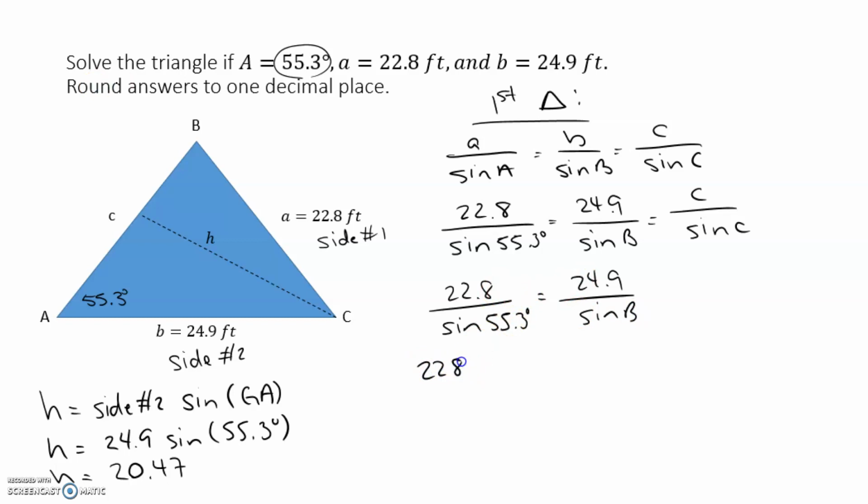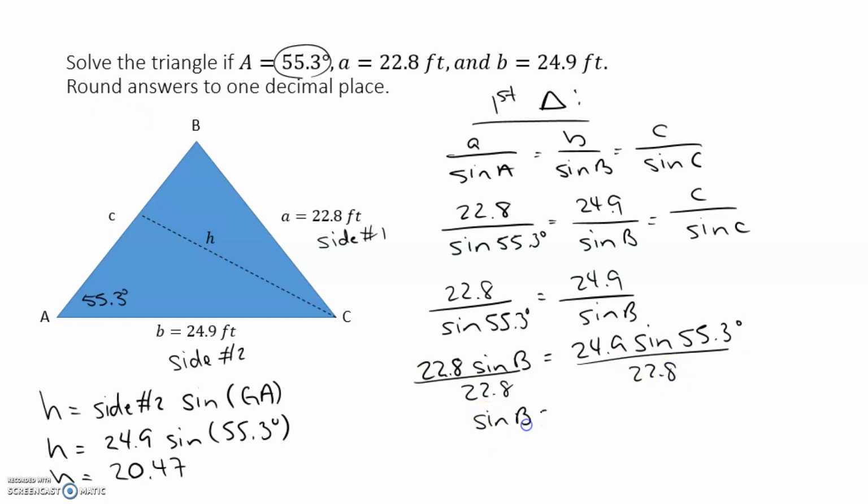So 22.8 times sine of B is equal to 24.9 times sine of 55.3. I'm going to divide both sides by that 22.8. So that gives me sine of B is equal to 24.9 sine of 55.3 all over 22.8.